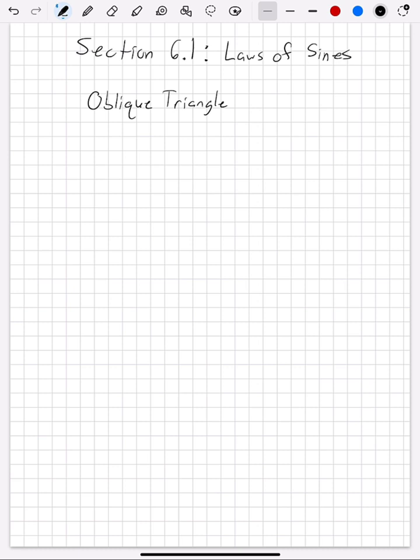All right. And so with our laws of sines, we can still answer questions about these by using things like sine, and then in 6.2, cosine.